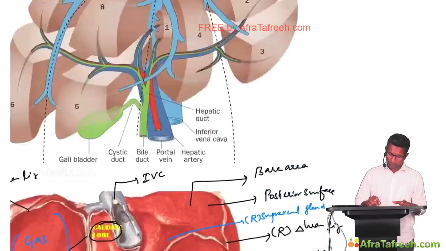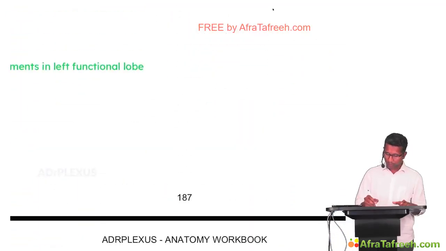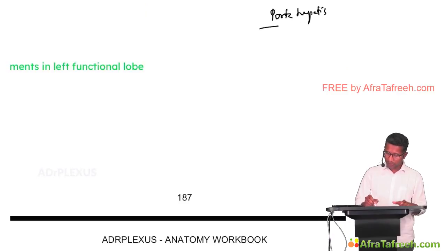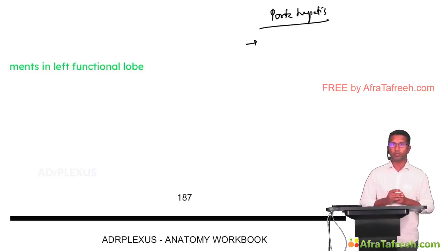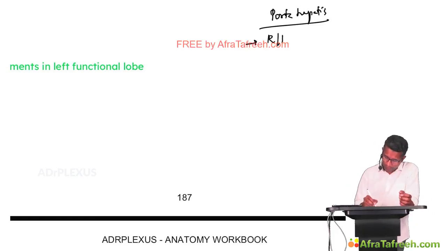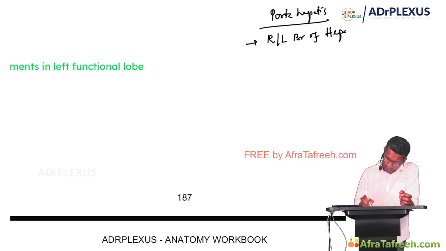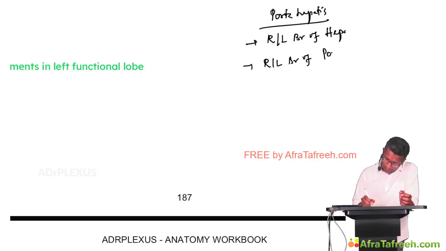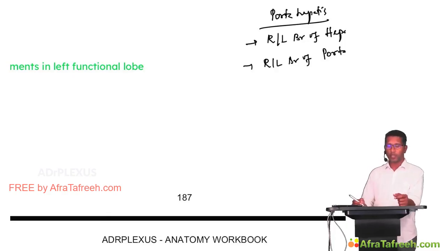If you take the porta hepatis, the structures running through it are very, very important. We have seen two structures: the right and left branches of the hepatic artery, and the right and left branches of the portal vein.